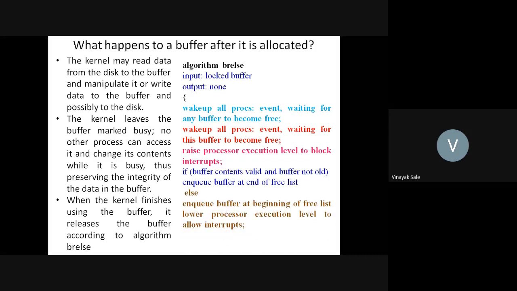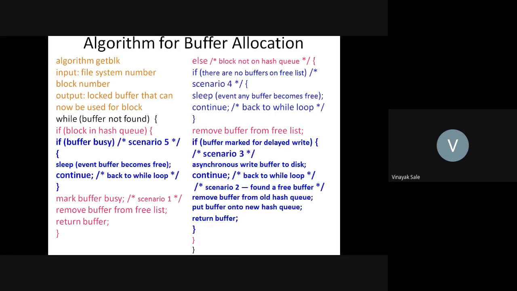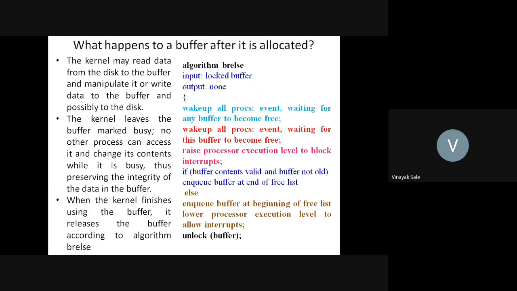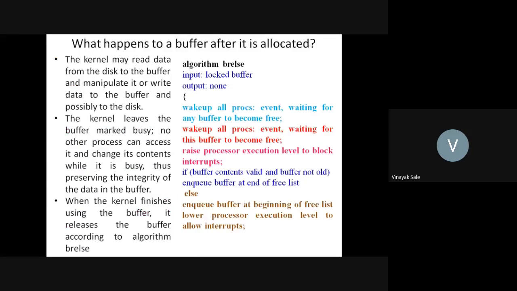If that condition is not true, enqueue the buffer at the beginning of the free list, lower the processor execution level to allow interrupts, and unlock the buffer. This is the algorithm for buffer release.